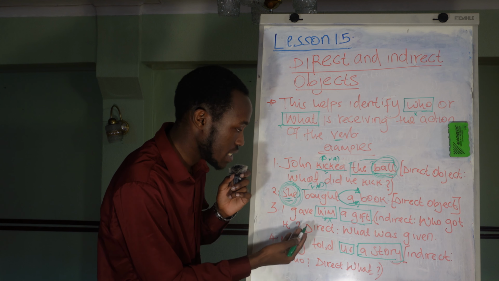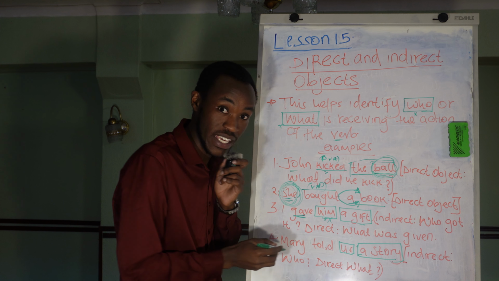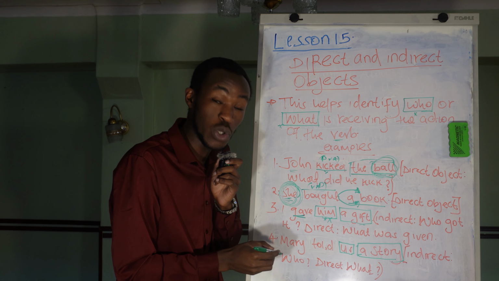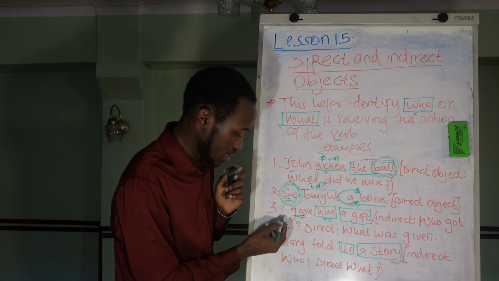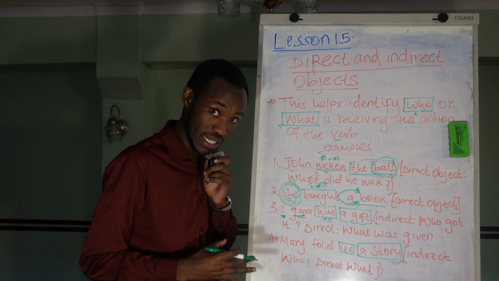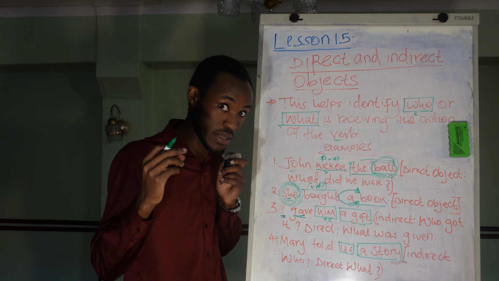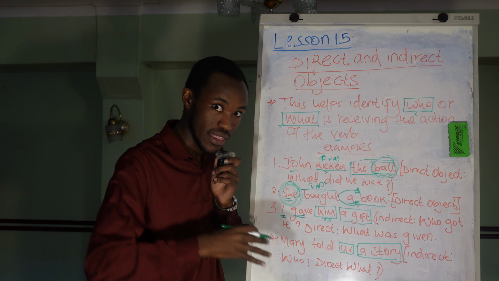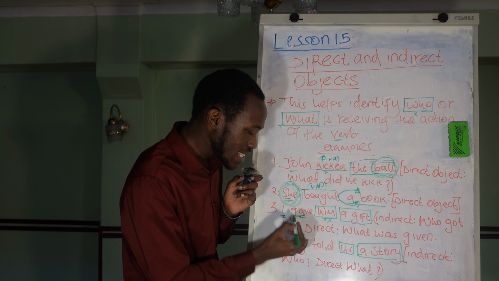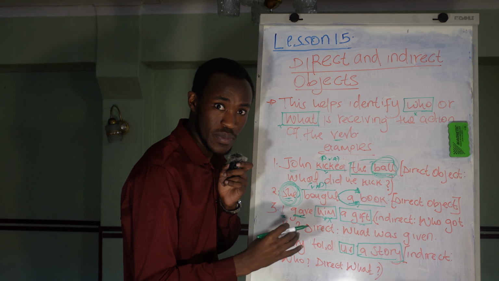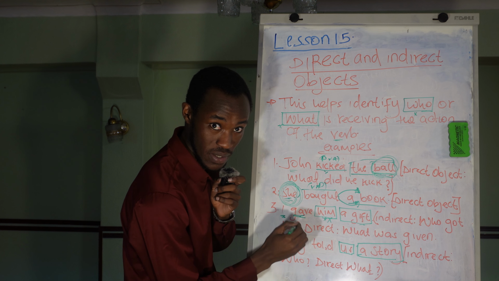For example, what is our verb here? Gave. Gave is our verb, which is the predicate. I is our subject, which is, as I taught you in lesson one, the pronoun. Now I, the subject, gave, the predicate. Now what is affected by this action?